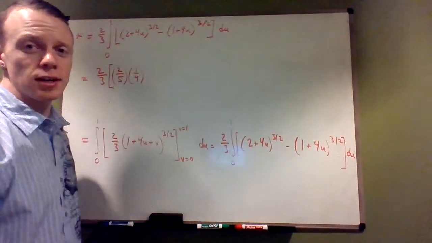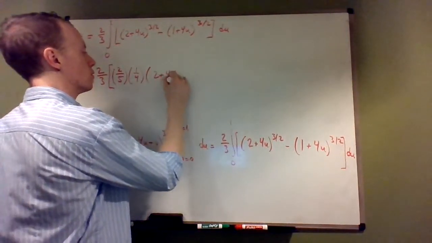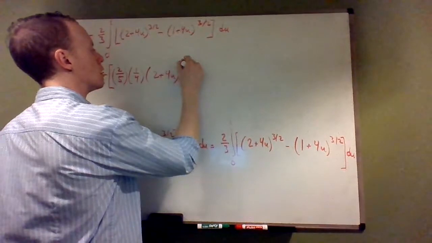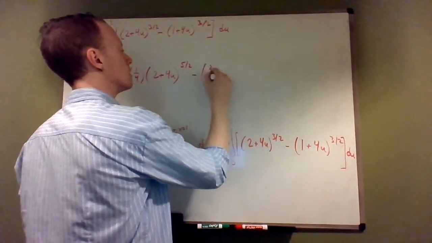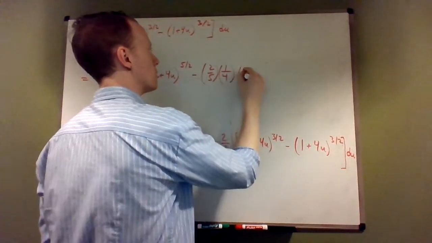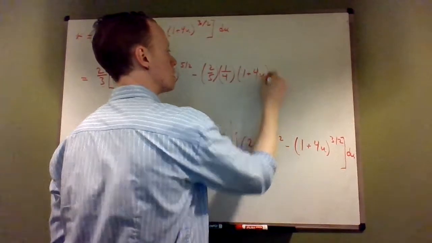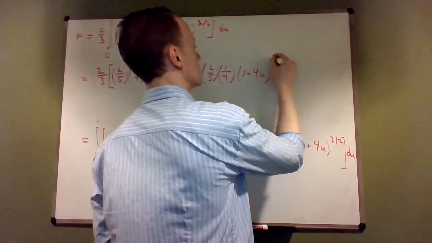two fifths times 1/4 times 2 plus 4u raised to the 5/2, minus 2/5 times 1/4 times 1 plus 4u raised to the power 5/2.